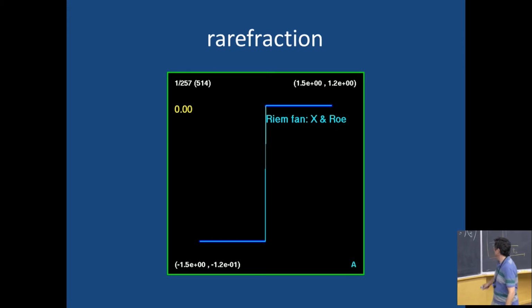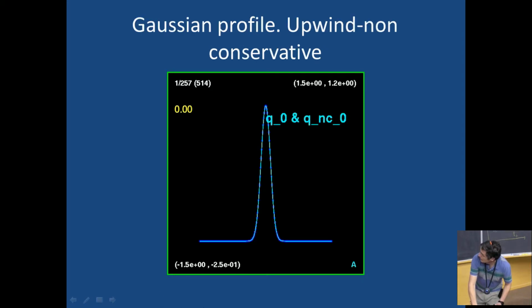So now let's look at the other case. The left is moving slower than the right. This is called the Riemann fan, or the rarefaction.